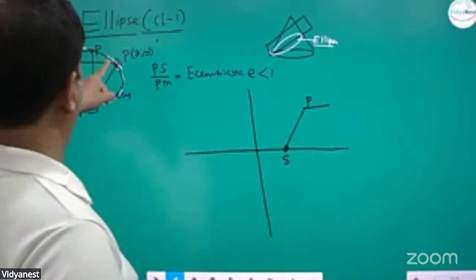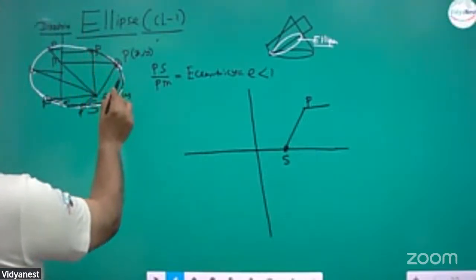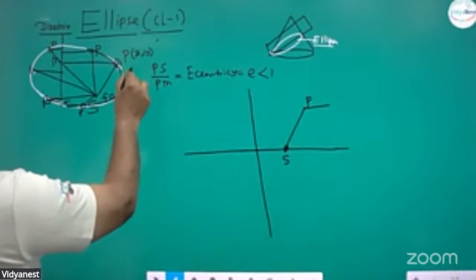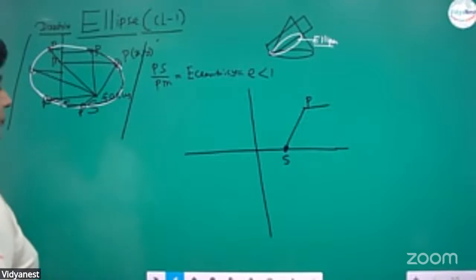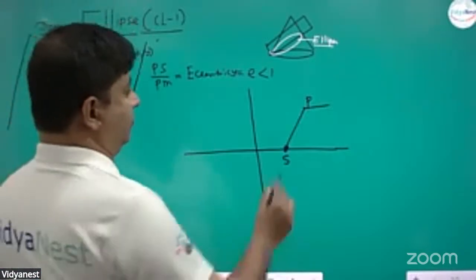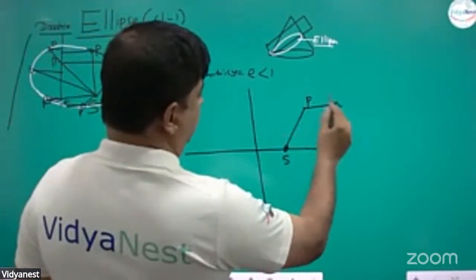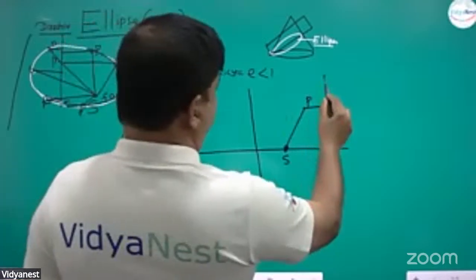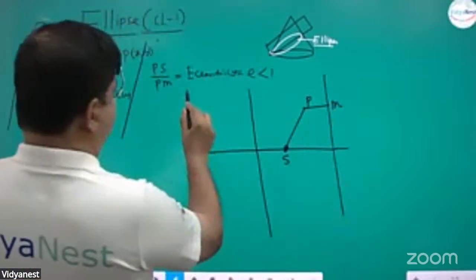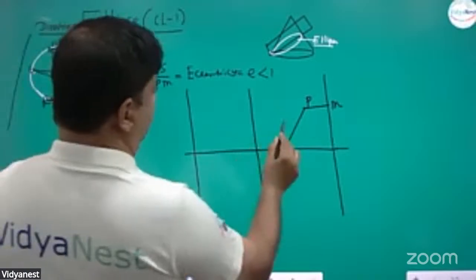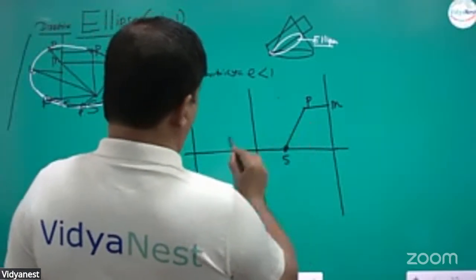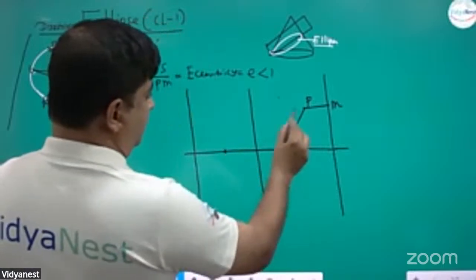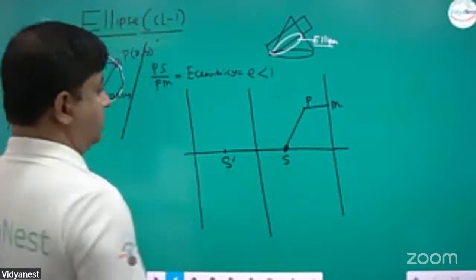If the curve is like that, there will be a directrix like this. So it will have two directrix, PS, PM. Now P starts to move. There is a focus, another focus.